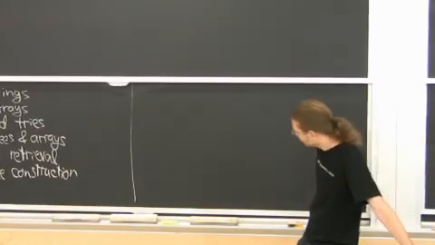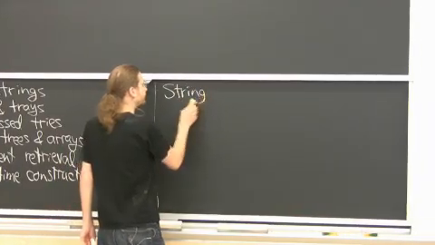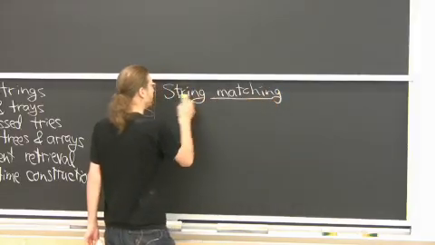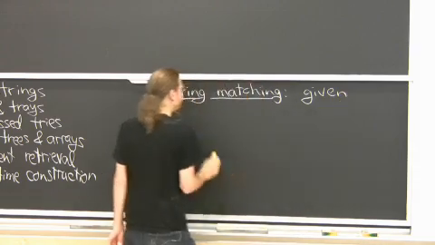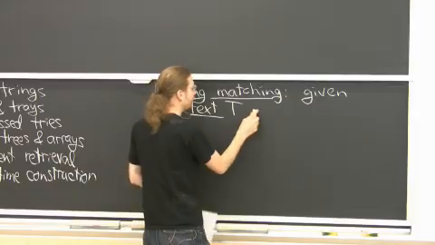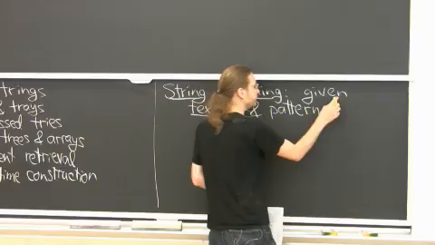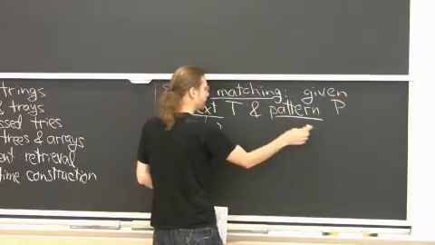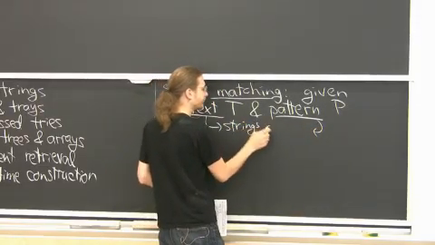So the general problem we're interested in solving today is string matching. In string matching, we're given two strings. One of them we call the text, T, and the other one we call a pattern, P. These are both strings over some alphabet.